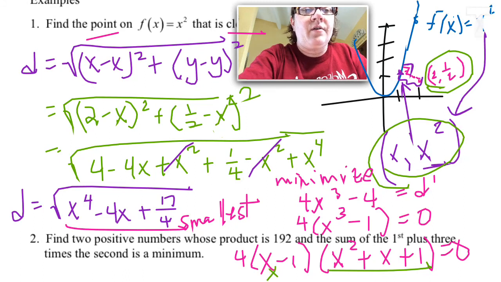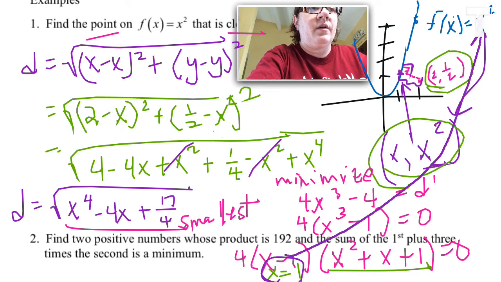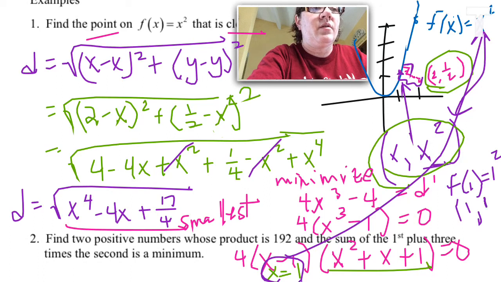But this first factor solves nicely. So I get x equals 1. And so then, if I know my x value on the curve, I can plug it in to find my y value. So the point that's closest is 1, 1. Awesome.